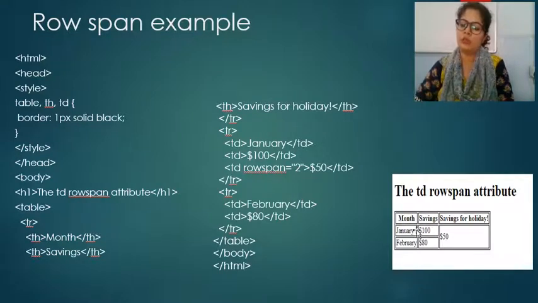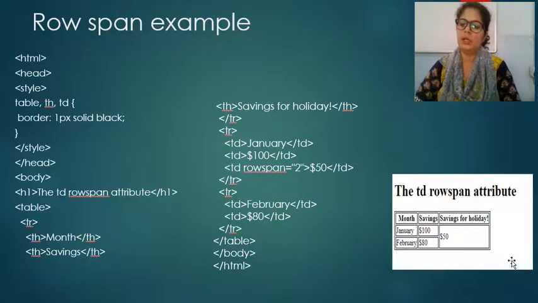The first 2 cells are normal, whereas we want to merge the third cell, as in we want to combine 2 rows into a single row. So what we have to do is perform row spanning. In the last row there are only 2 cells, Feb and AP.